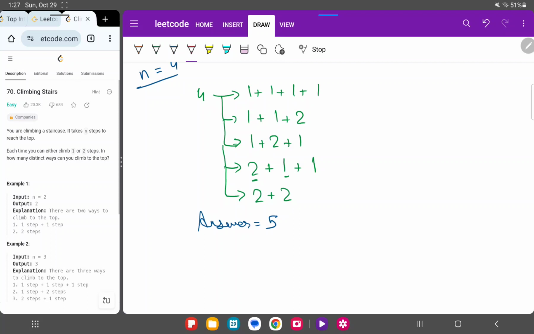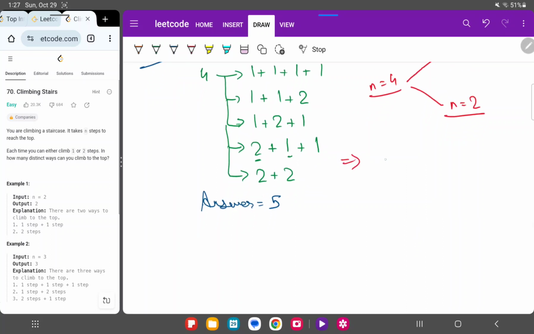So again, if we need to reach n equals 4, and we can only take 1 step or 2 steps at a time, what was the last step that we can possibly go to? n equals 3, that is by taking 1 step from n equals 3 we can reach n equals 4, or from n equals 2, from where we take 2 steps or multiple 1 steps to reach n equals 4.